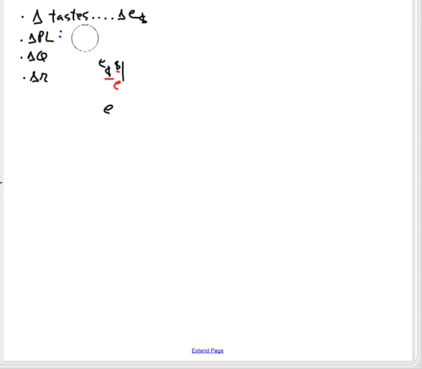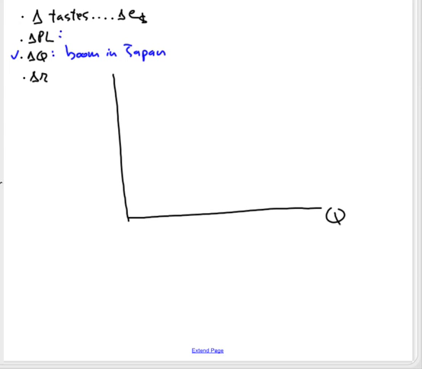So let's look at this one. Let's say there's a boom in Japan. And once again, we're looking at the market for dollars.